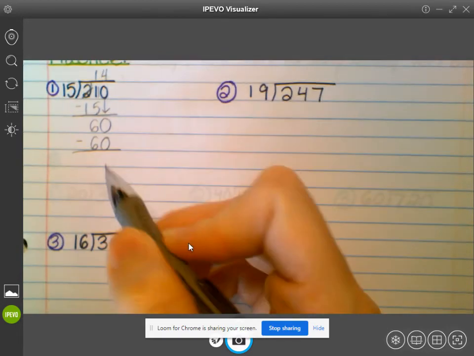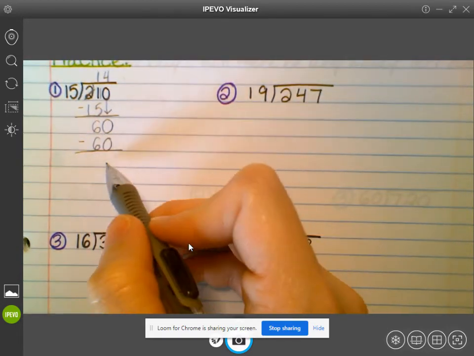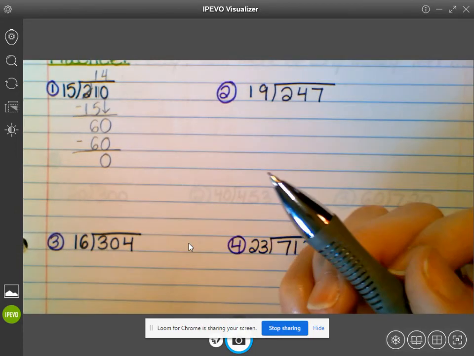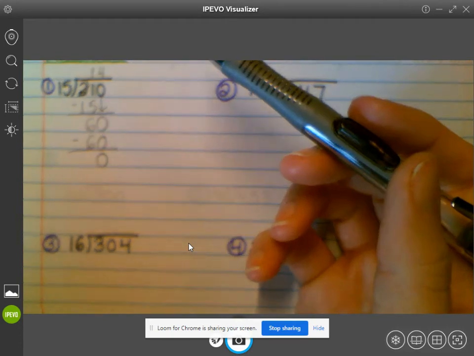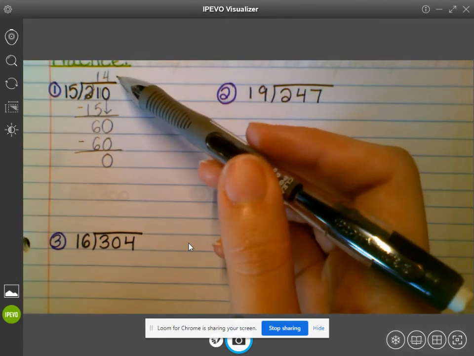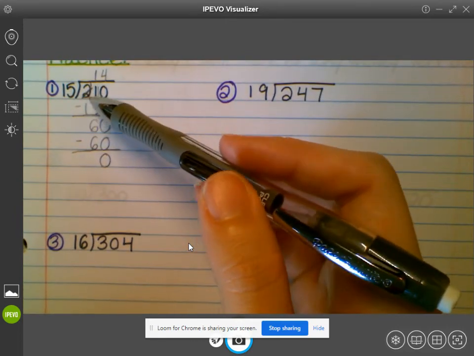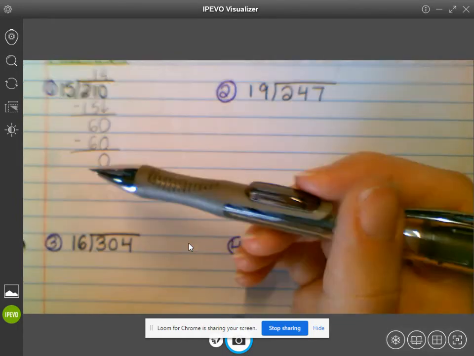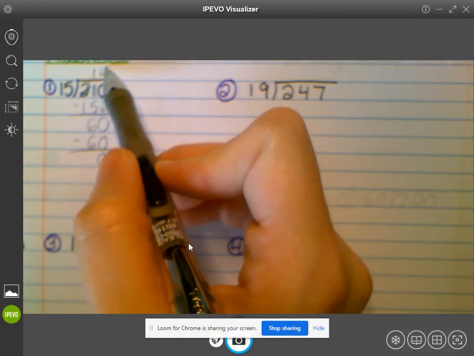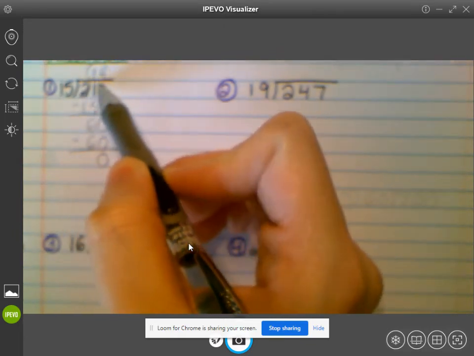And what is 60 minus 60? 0. And so what is our answer? So 14 up top. So 15 can go into 210 14 times, or 210 divided by 15 gets us 14. We're going to circle the 14 since that is our final quotient.